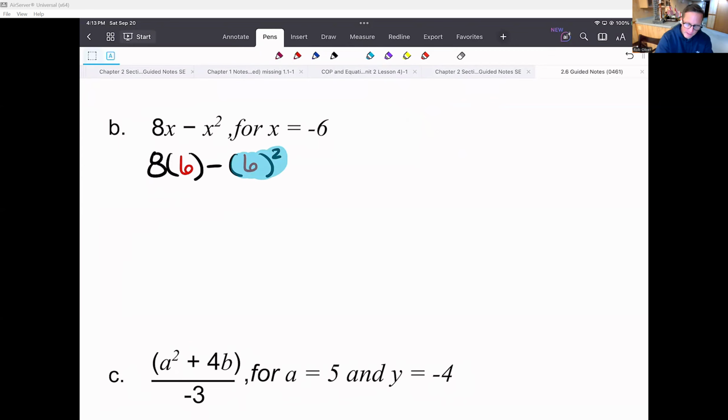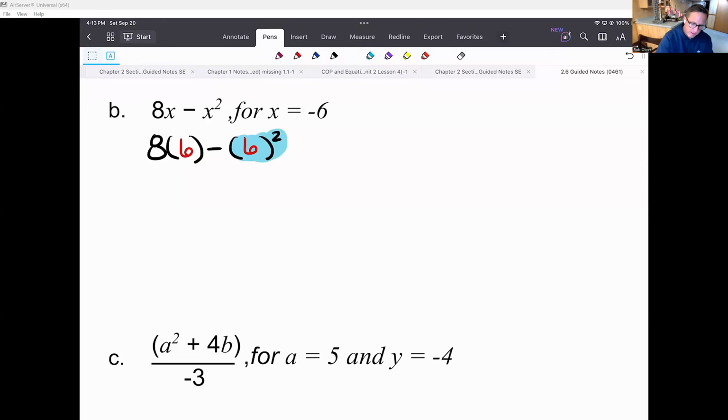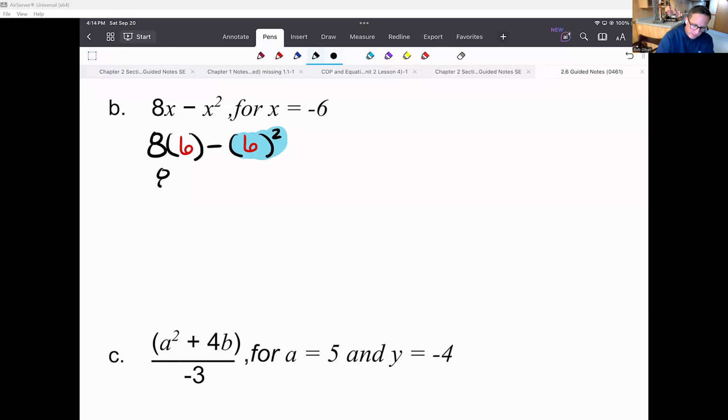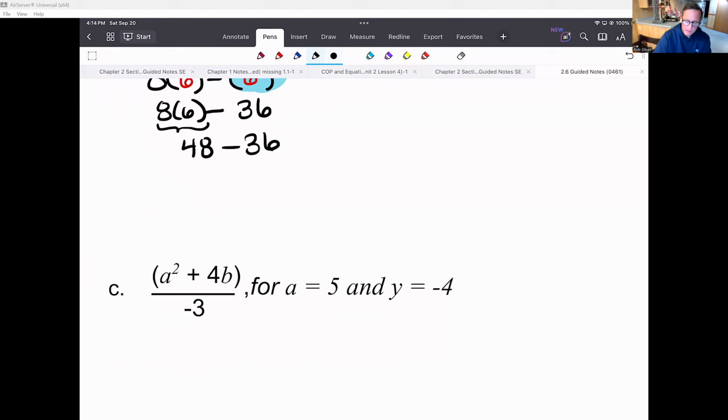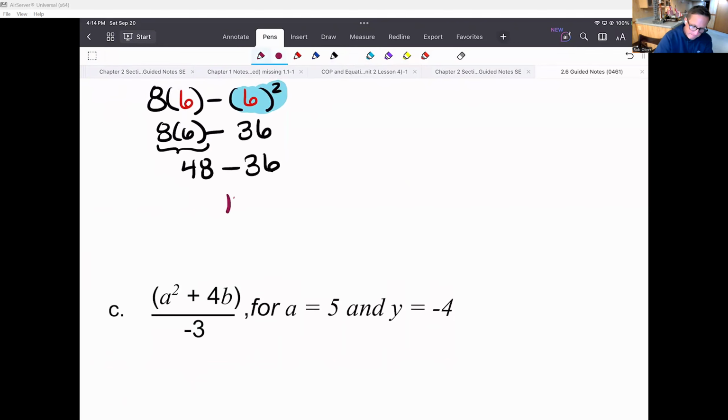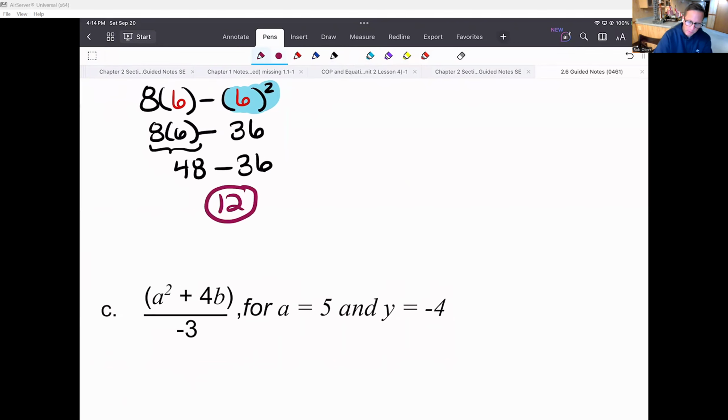I'm not going to do that yet. So 8 times 6 minus 6 squared, which is 36. Then 8 times 6 is 48, and 48 minus 36 is 12. That one's taken care of.